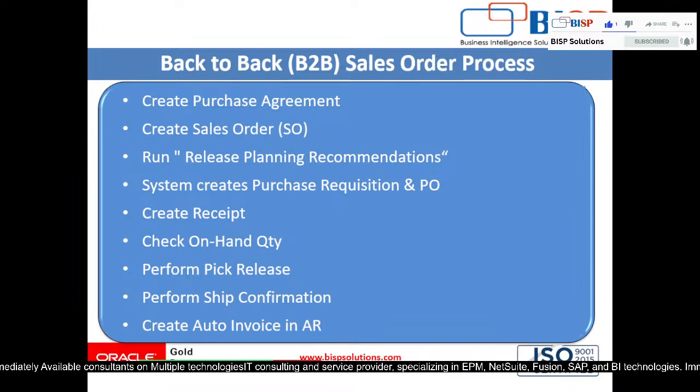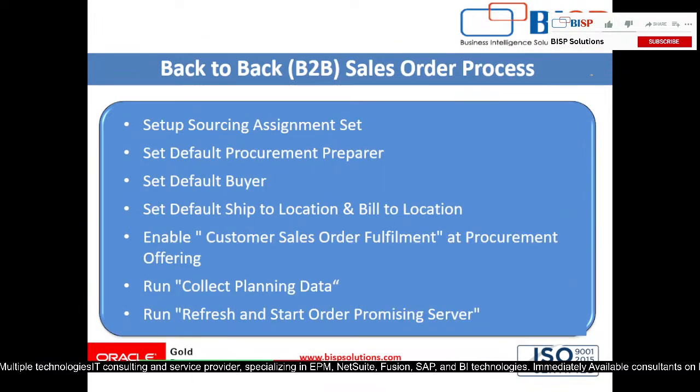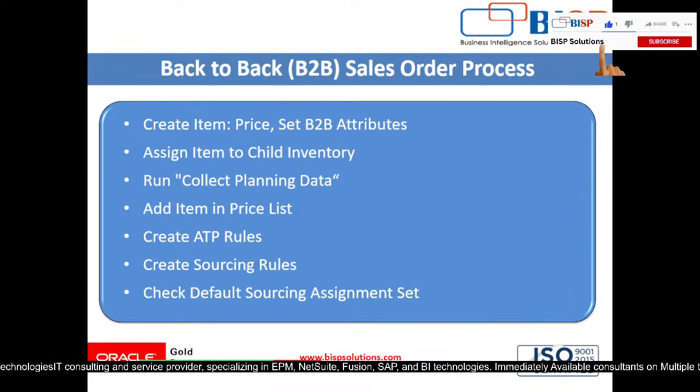You create the sales order, and we have the release planning recommendation, right? Suppose you create the sales order and your option is enabled. Which option? The B2B attribute. You can see over here the B2B attribute.